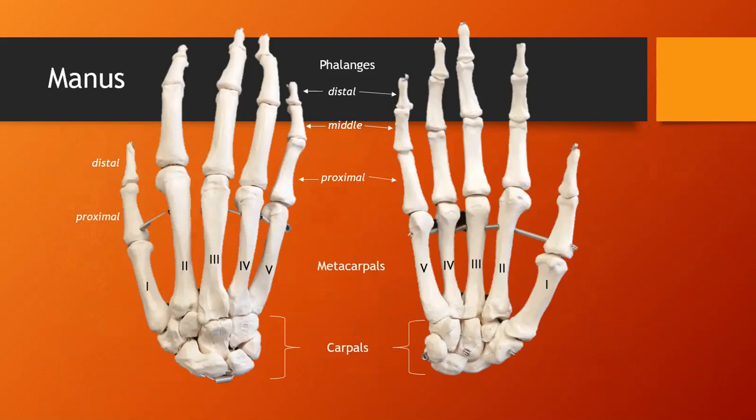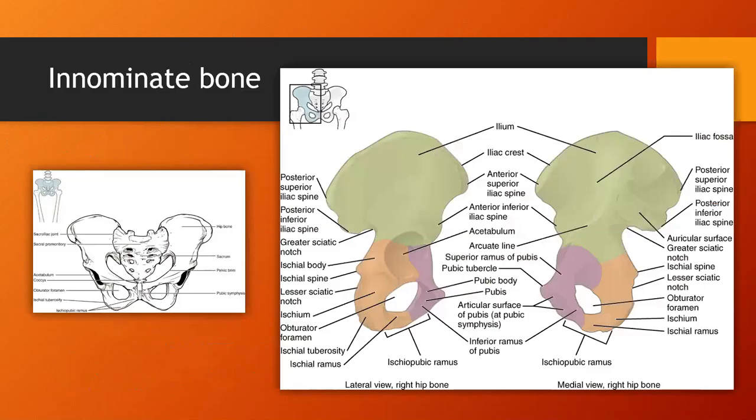On page 11, what bone comprises the pelvic girdle? The pelvic girdle is 2 hip bones or 2 coxal bones, C-O-X-A-L. 2 hip bones or 2 coxal bones.